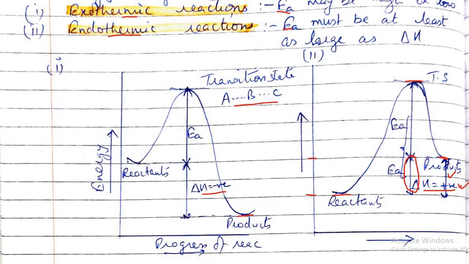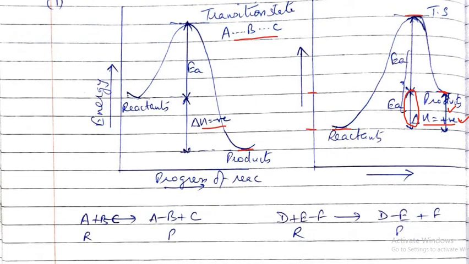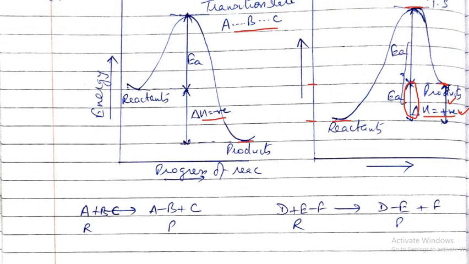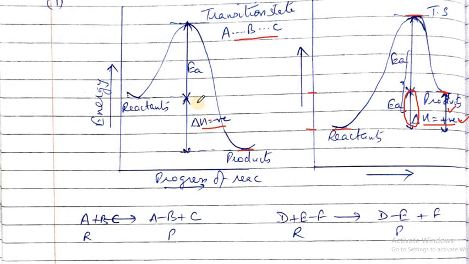So next, in this diagram, the reactants are shown as A plus BC, and BC has a bond in the reactants, but in the transition state these bonds are shown in dotted lines, that is, this bond is in the process of formation and this one is in the process of breaking.